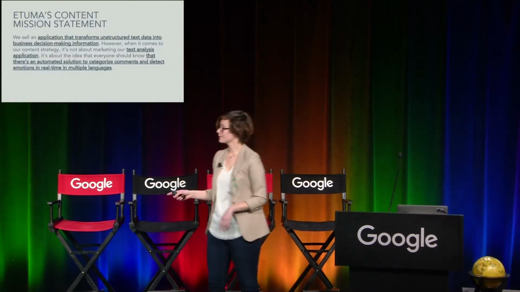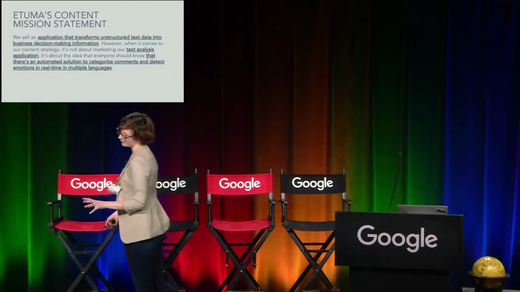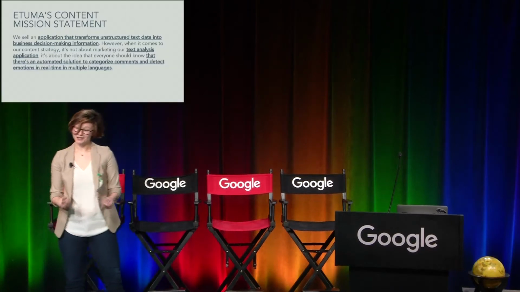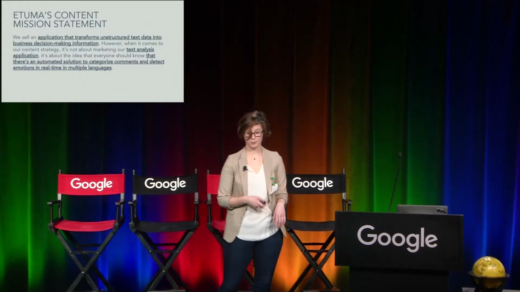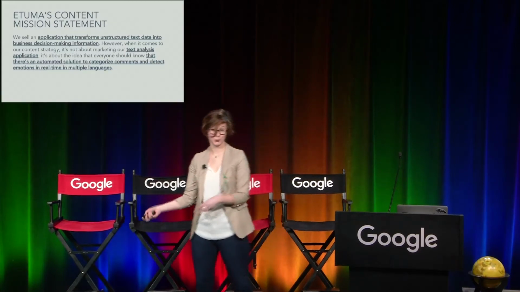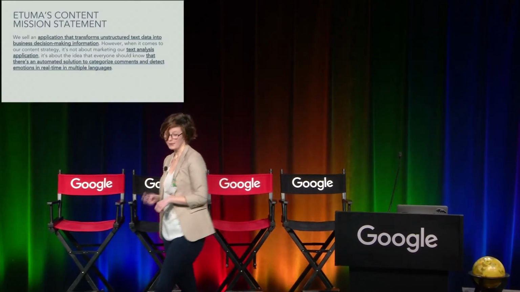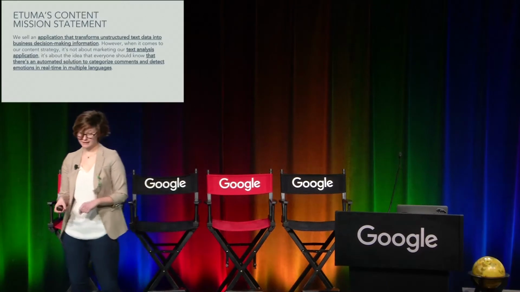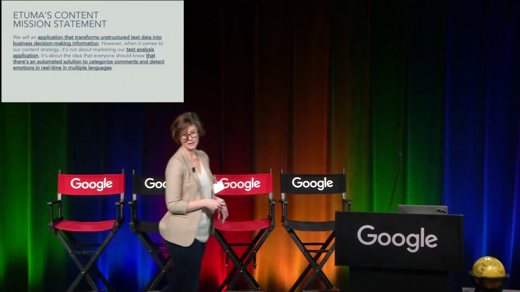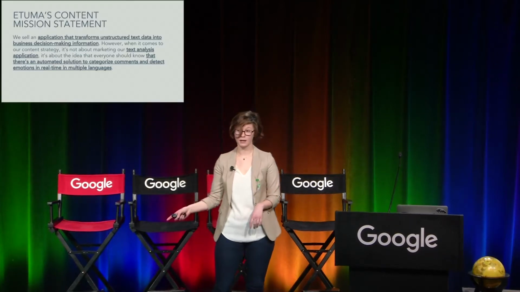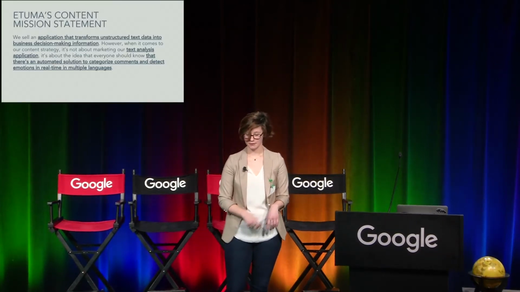So in a.Three's mission statement, it's a bit long. They started off by saying, we sell an application that transforms unstructured data into business decision-making information. That's what they do. However, when it comes to our content strategy, it's not about marketing our text analysis application. So it's actually not about their product.